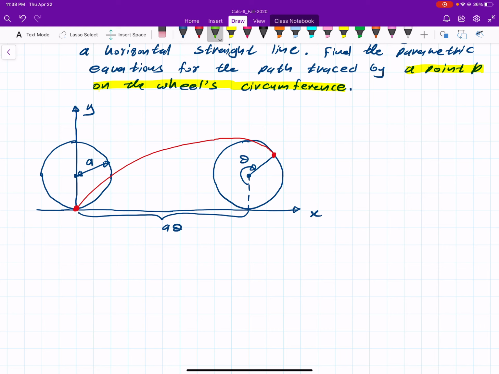Let me mark it with a different highlighter. This length is the same as that length.